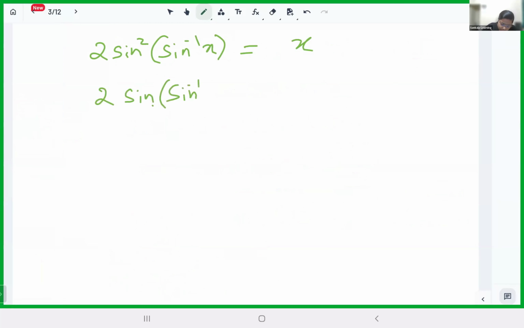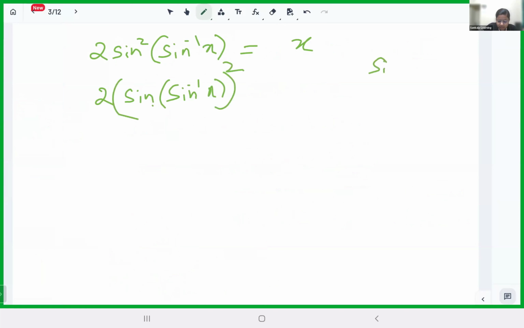So 2 sine square of sine inverse x is equal to x. Now, the sine square of sine inverse x can be written as 2 into sine of sine inverse x the whole square.